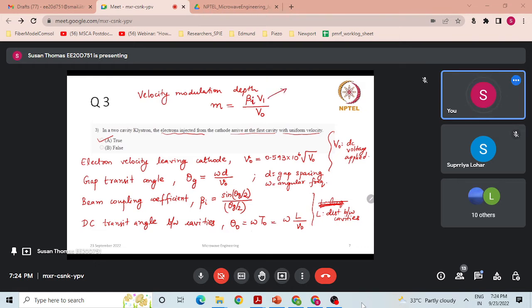V1 is the AC voltage or the RF signal voltage, and V naught, as I told you before, is the DC voltage applied. So probably you can take a screenshot of this if you need. These are some of the brief equations required to solve the numericals.